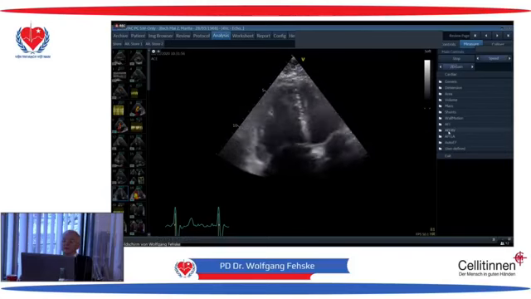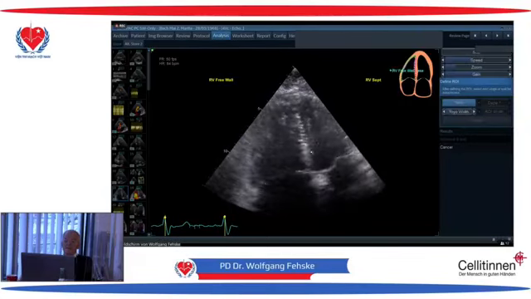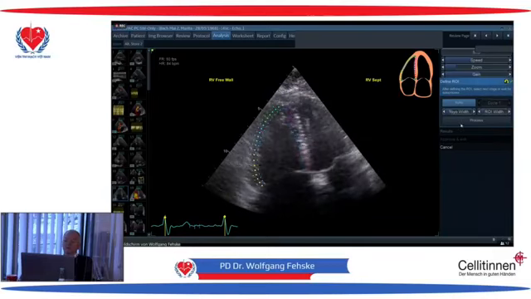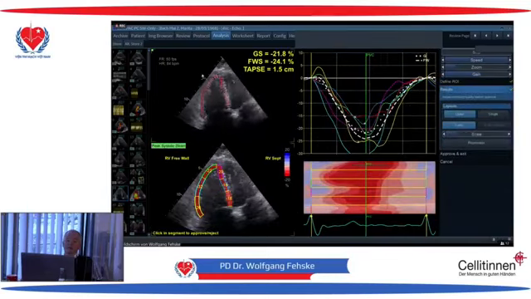Measurement, I have a right ventricle, put here and here and here. And you see a much better value here. You see we have a minus 24.